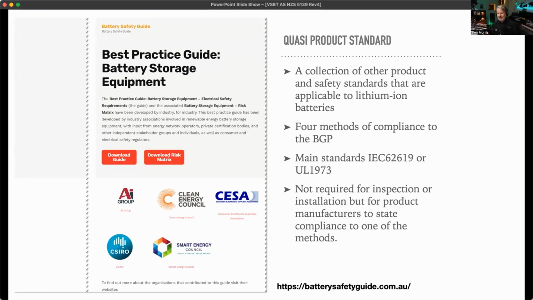One's the IEC and one's the UL. The IEC is the international one, the UL is the American one, UL 1973. And you get some special dispensation in where you can install a battery if you comply with those. If you comply with the Best Practice Guide, you're considered to be a safer lithium installation, because of the test standard that they have to comply with.